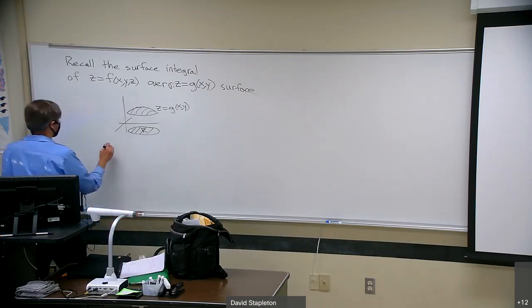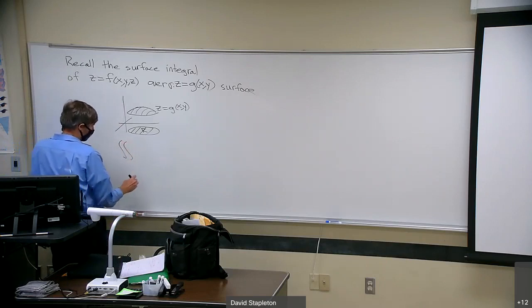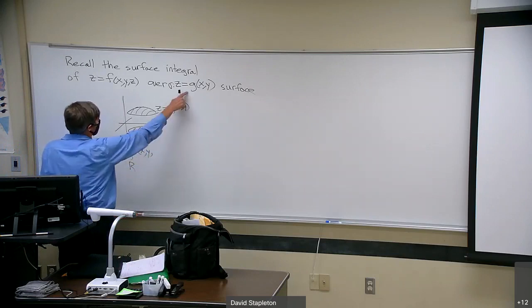We said this was the integral. And we could take a double integral over the region of projection here of f of x, y, and then z is equal to g of x, y.